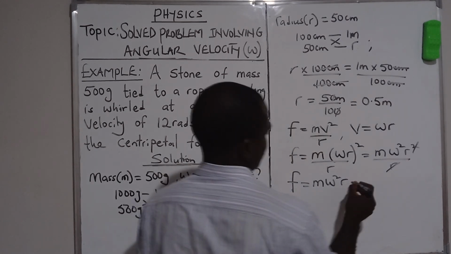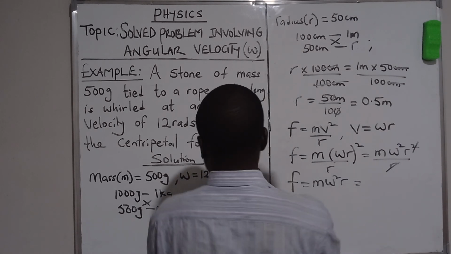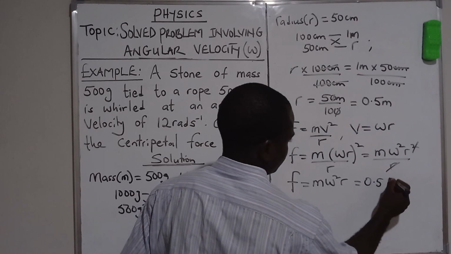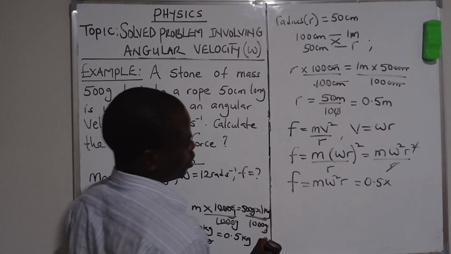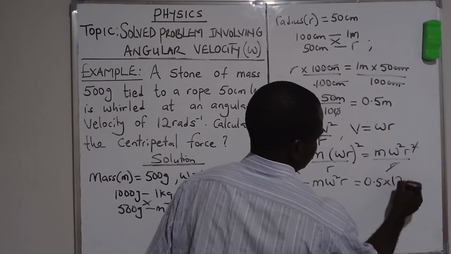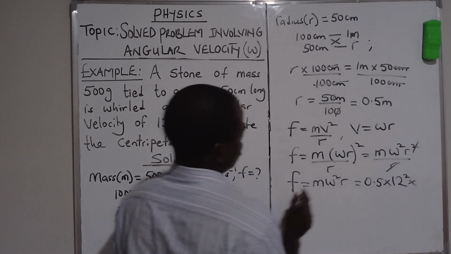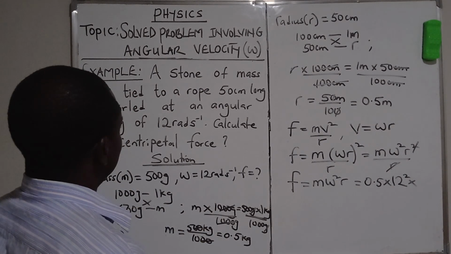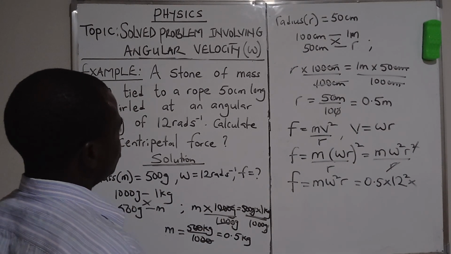Okay, and what's our mass? Our mass is 0.5 times, what's the angular speed? Angular speed is 12 squared, times the length of the rope.